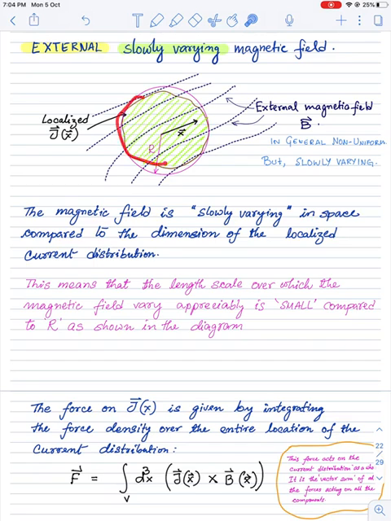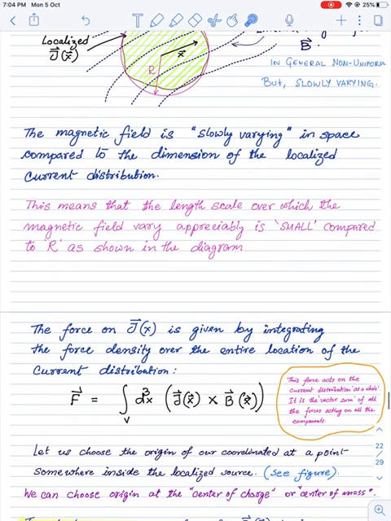Under such an assumption, we can choose our origin inside the current carrying conductor, and we can try to find the total force on this current configuration. Now, as you know from the Lorentz force law, J cross B is the force density, as we discussed in the beginning of the video. We can take the force density and integrate it over the whole volume where the current density is not zero, and find the force on the current distribution due to some external magnetic field.